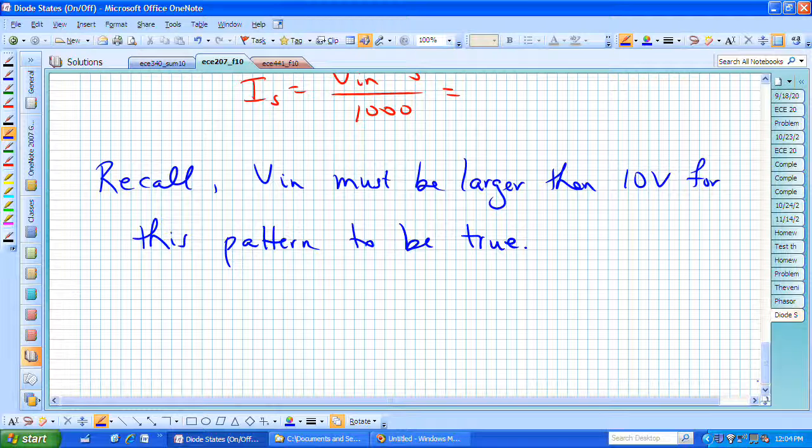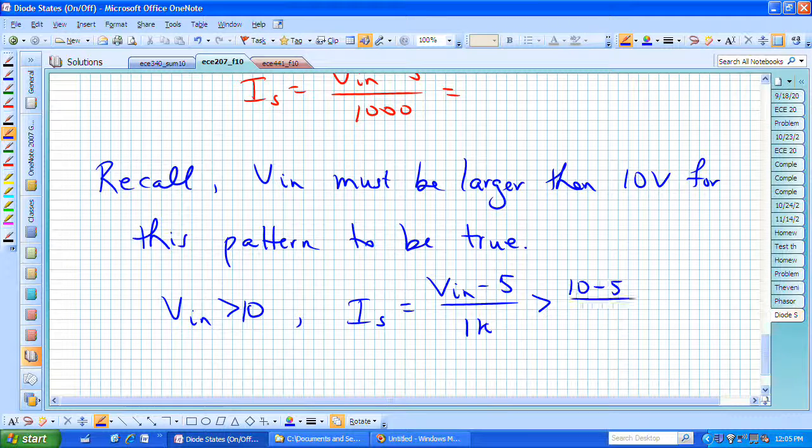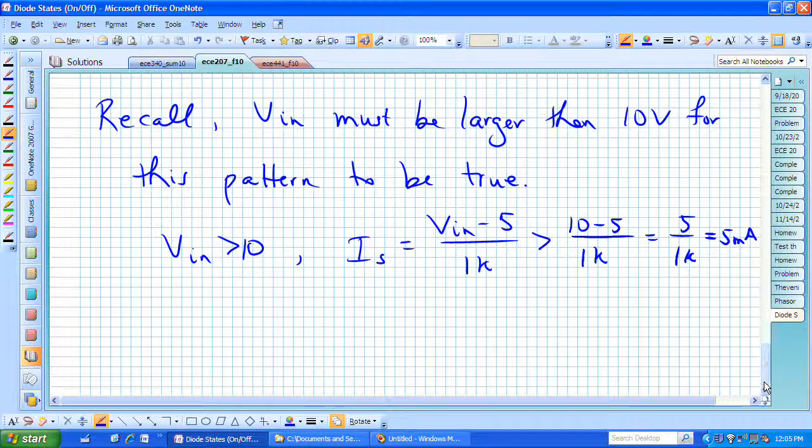And if Vn is bigger than 10 volts, then I sub s, Vn minus 5 over 1K, is bigger than 10 minus 5 over 1K, or 5 over 1K, or 5 milliamps. So we're saying that I sub s needs to be bigger than 5 milliamps in order for this to be true.